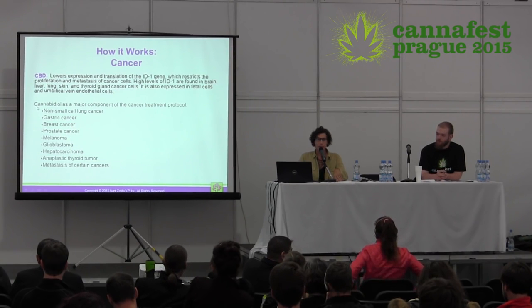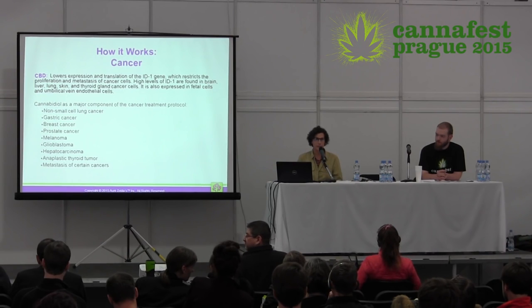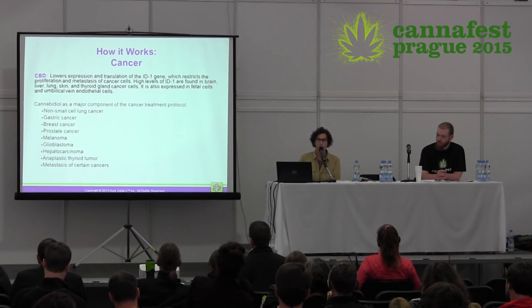Now, the importance of this, why you would care, if you're somebody who's going to use cannabis medicinally, is because if you have, for example, breast cancer or hepatic carcinoma, you can start out with a much higher level of CBD and a lower level of THC than you can on different types of cancers.